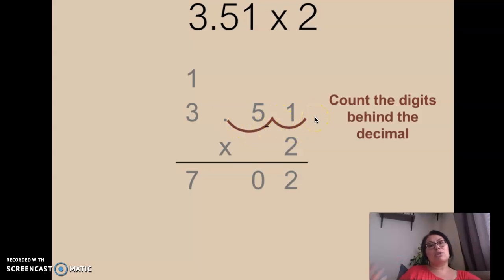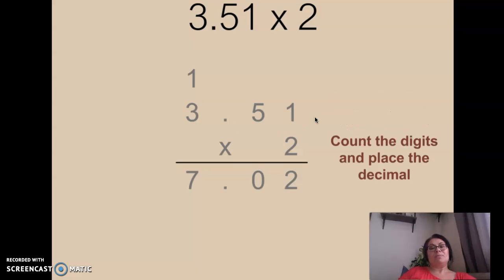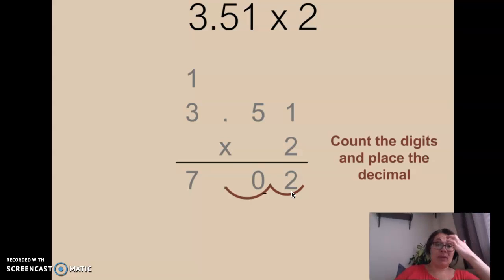So because there are 2 spaces in the first number, and if we move the decimal, we'd be dividing by 10 this way, or 10 and 10 more, we have to put it back that many places down below. So here, there's 2 up here, so there has to be 2 digits behind the decimal here. So our answer is 7 2/200ths.